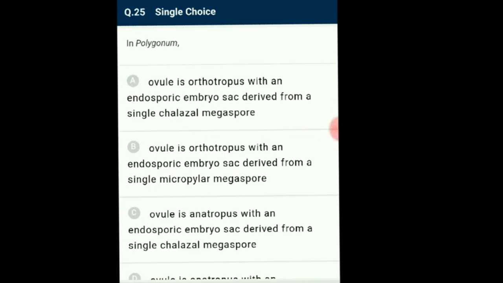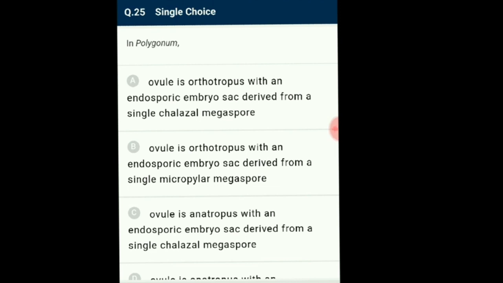In Polygonum, it is a type of ovule. The 7-celled 8-nucleated embryo sac derived from a single chalazal megaspore was discovered by Strasburger in Polygonum. This is the most common type of embryo sac in angiosperms.